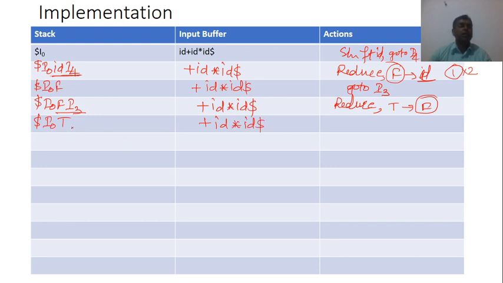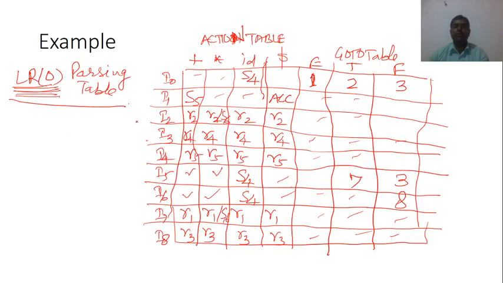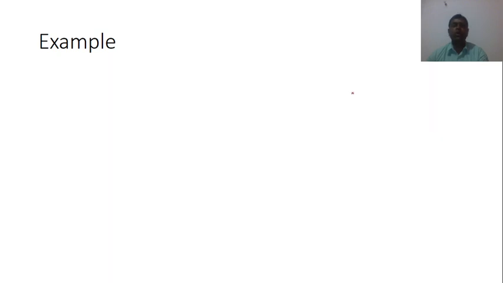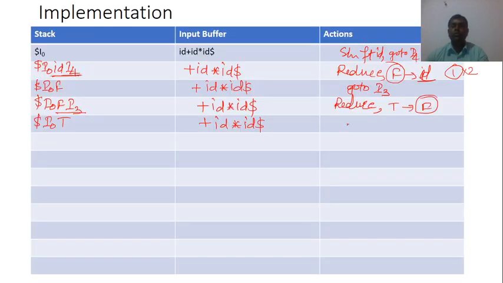Now just check I0 and T column. I0 and T, that is 2. That means go to I2. Now it becomes $ I0 T I2, and here it becomes plus ID asterisk ID $. Now just check I2 plus.